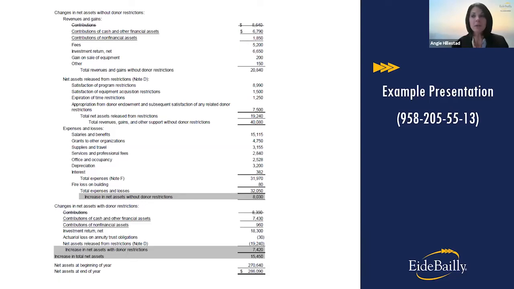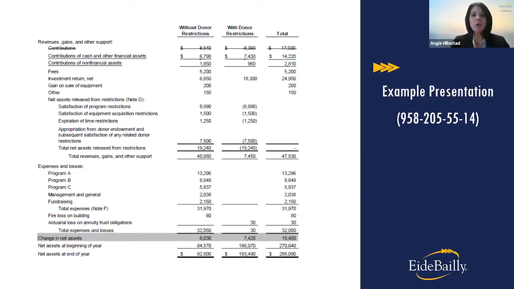Under the new standard, though, those are going to be broken out into two lines: contributions of cash and other financial assets and contributions of non-financial assets. So the component at the top is without donor restrictions, and the component down here at the bottom is with donor restrictions. So very simply, that's how the presentation and disclosure will change in this type of statement.